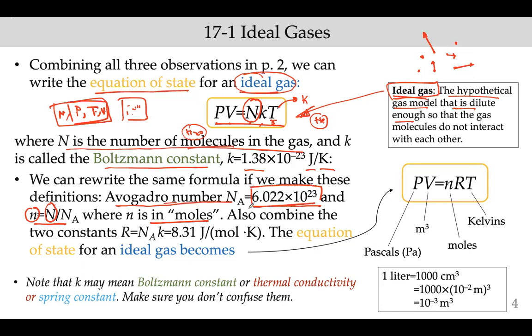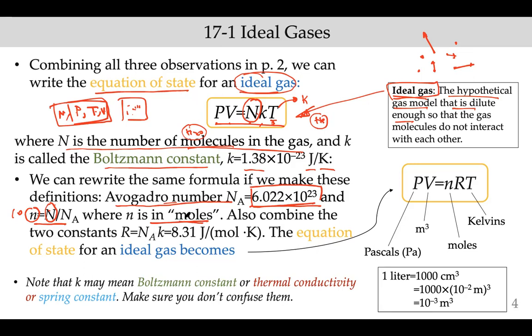What about if n is 6.022 times 10 to the 24th particles? Then if you divide it by this number, there's a factor of 10. In that case, you would have 10 moles. So we are just changing the definitions. And this definition is useful because in a glass of water, how many particles do you have?